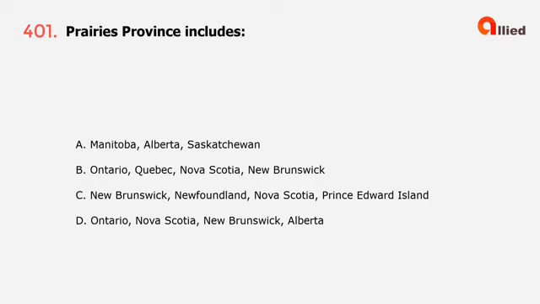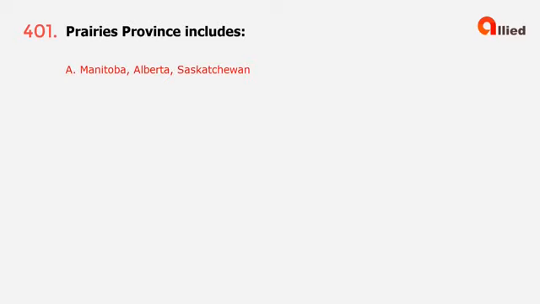B. Ontario, Quebec, Nova Scotia, New Brunswick. C. New Brunswick, Newfoundland, Nova Scotia, Prince Edward Island. D. Ontario, Nova Scotia, New Brunswick and Alberta. The answer is A. Manitoba, Alberta, Saskatchewan.